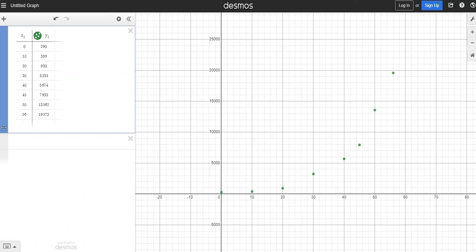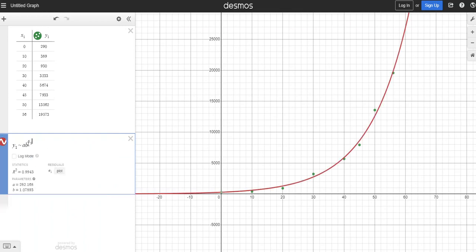All right, and looking at that, that definitely looks like an exponential growth curve, not a linear function. So we're going to go ahead and model this with an exponential function. y1 tilde ab to the x1. Looks like a pretty good fit when I look over here, and my r squared is 0.99, so very happy with that. And they give us the a and the b value right there.